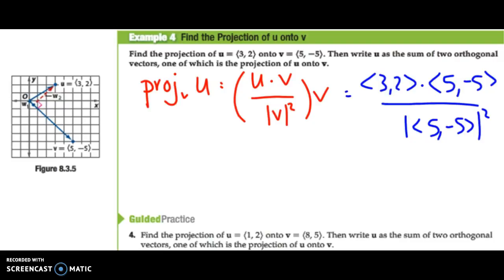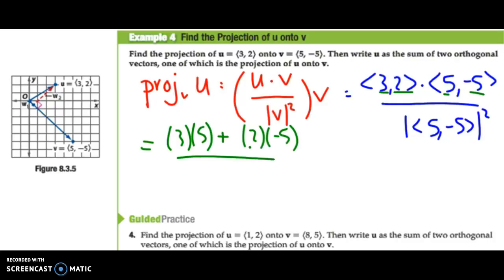So, dot product: 3 times 5 plus 2 times negative 5, all over the square root of 5 squared plus negative 5 squared, squared.